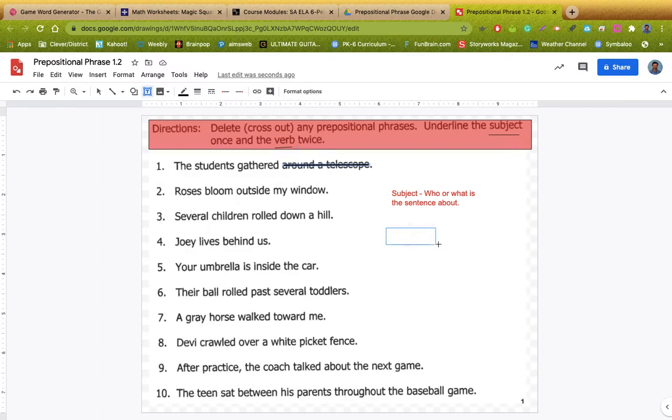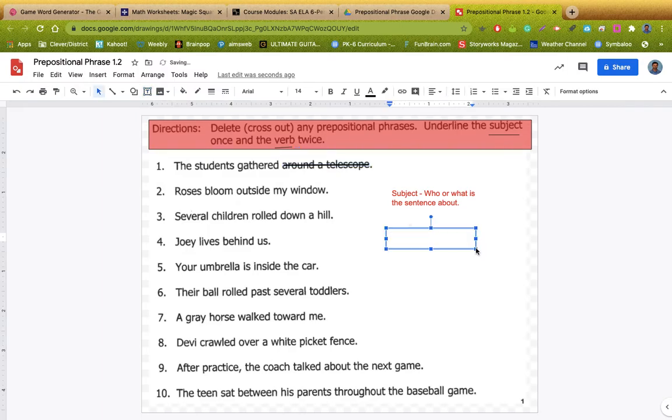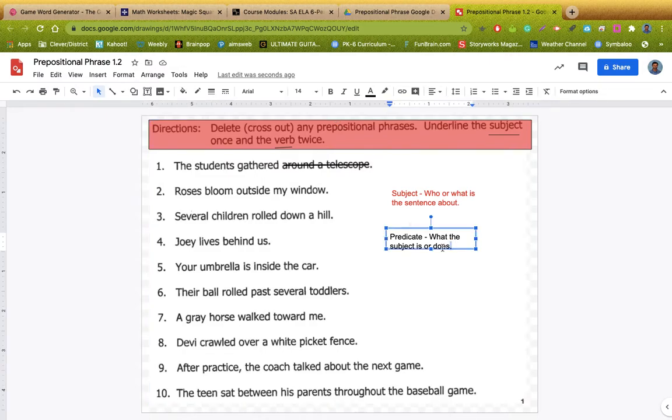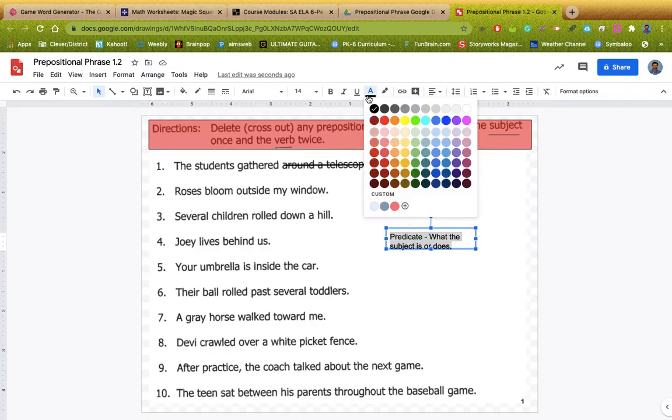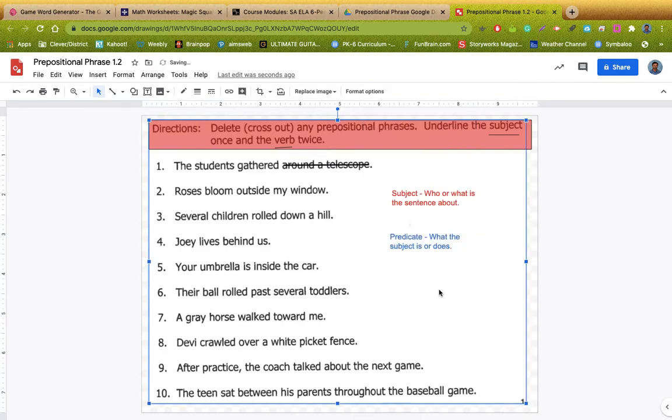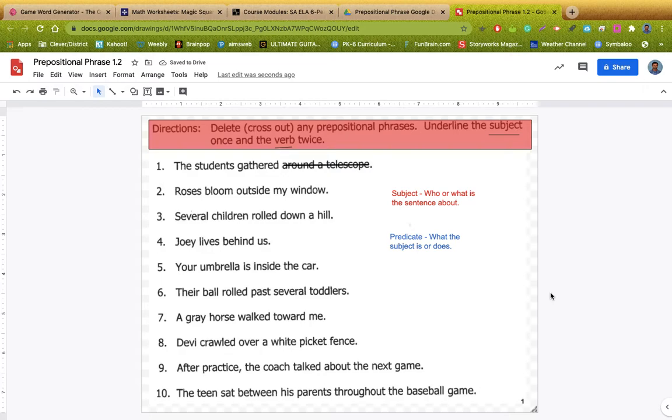Well, the predicate is simply what the subject is or what it does. Let me make that a pretty color just to look nice. There it is. Okay, so now we know what the subject and the predicate is.